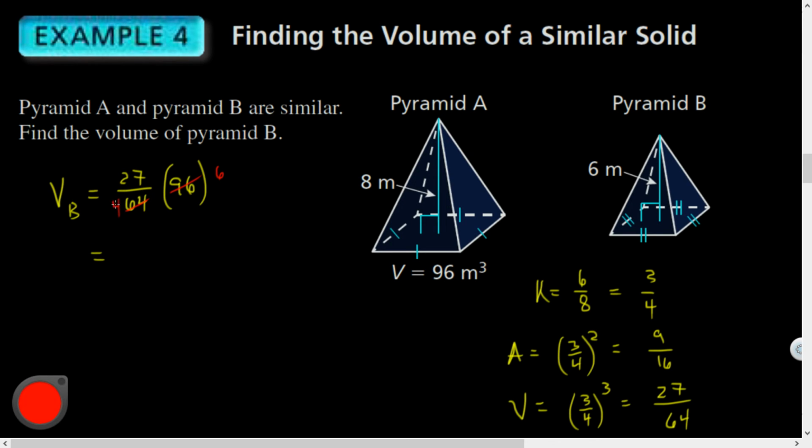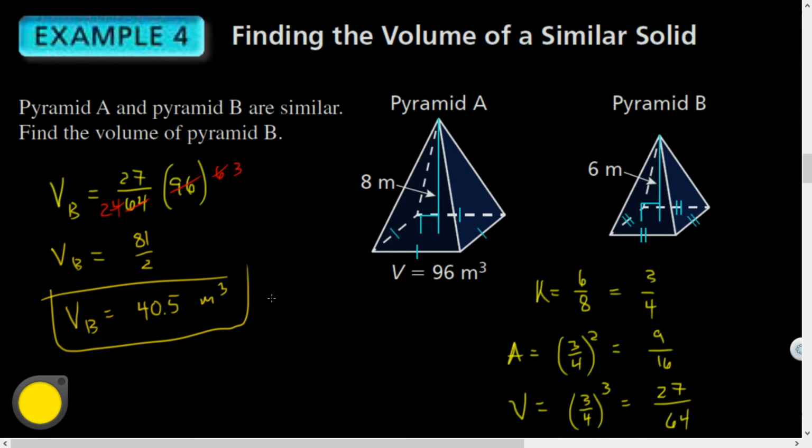Oh, I can reduce that further. 2 goes into 4 twice, and into 6 3 times. So it looks like 27 times 3 is 81, all over 2 would be the volume of Pyramid B. Volume, please. So that's going to be 40.5 meters cubed.